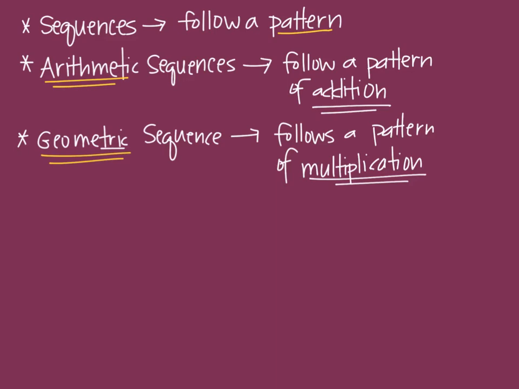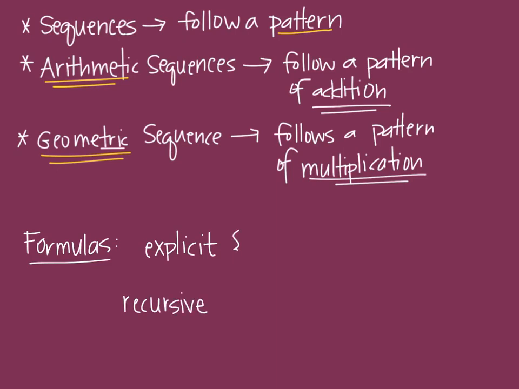So there are the two formulas for geometric sequences. Just like we had two formulas for arithmetic, we have two formulas for geometric as well. And so we've got explicit and we have recursive. The explicit format starts with A1, just like it did with the arithmetic sequences, but then it's followed by multiplication instead of addition.